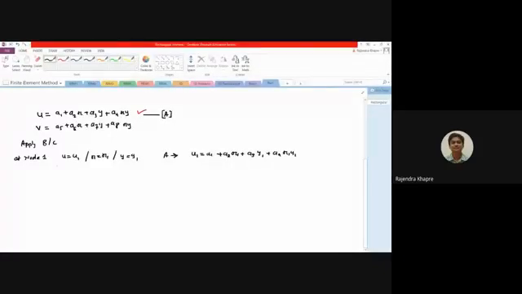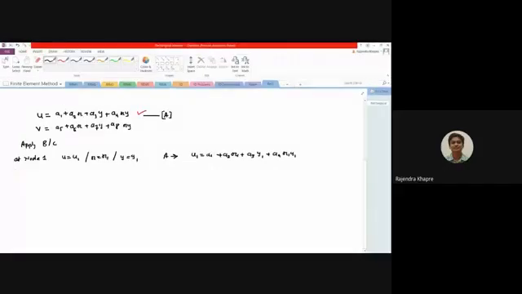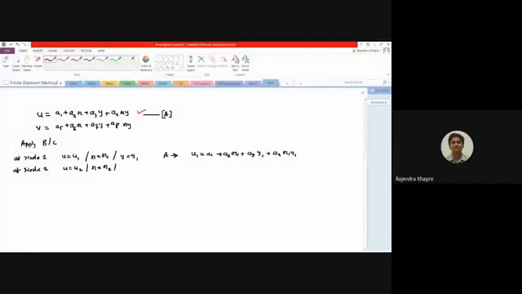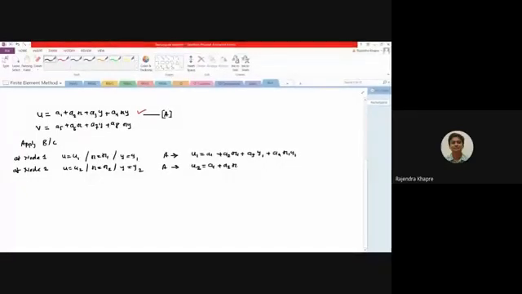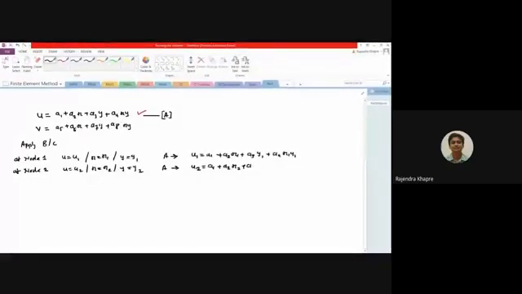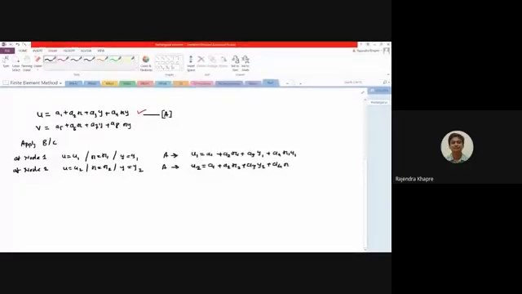On similar lines, at node 2, u will be u2, x will be x2, and y will be y2. So expression a will look like u2 equals a1 plus a2 into x2 plus a3 into y2 plus a4 into x2 y2.